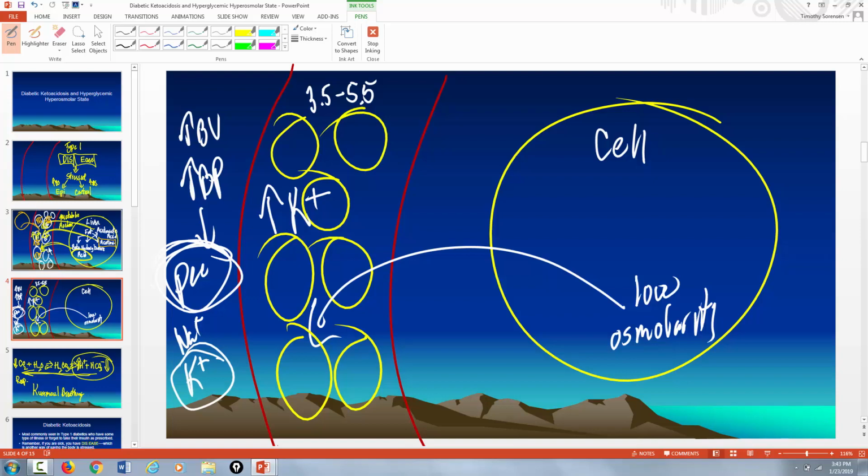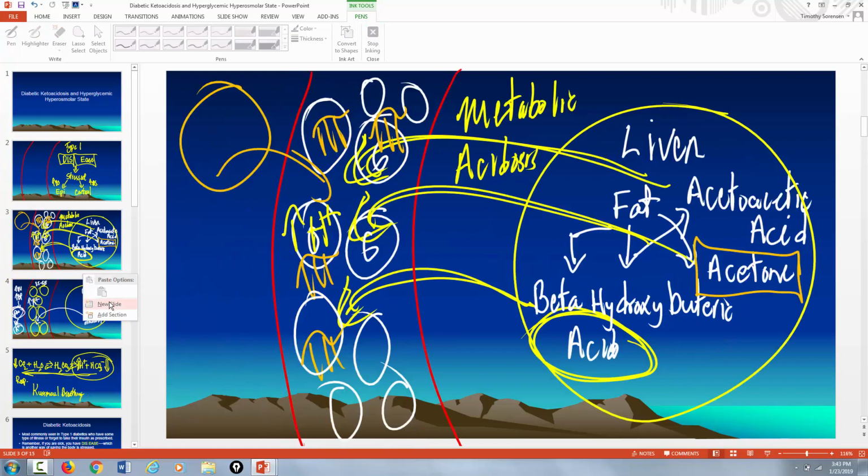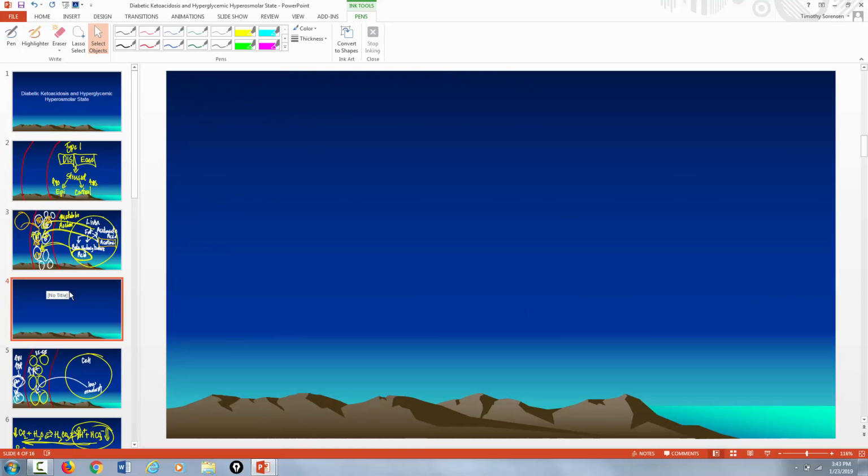So the things you want to look at when a person comes in DKA, the classic signs and symptoms, right? Let's look at this. And again, if you understand osmosis and you understand the functions of insulin, it makes it pretty straightforward. Look, you need glucose for your brain to function.